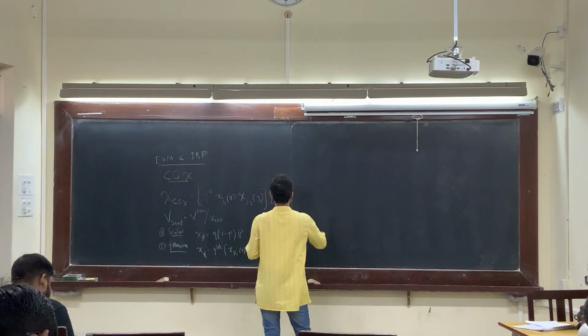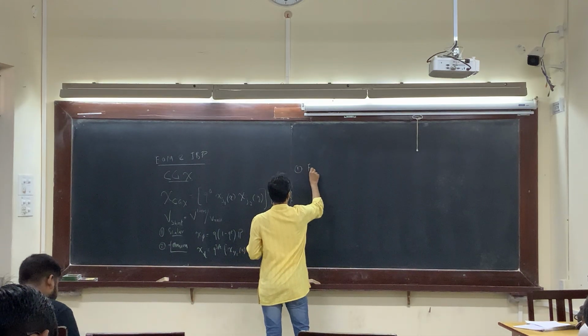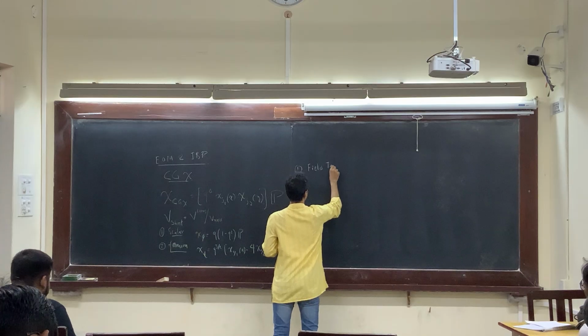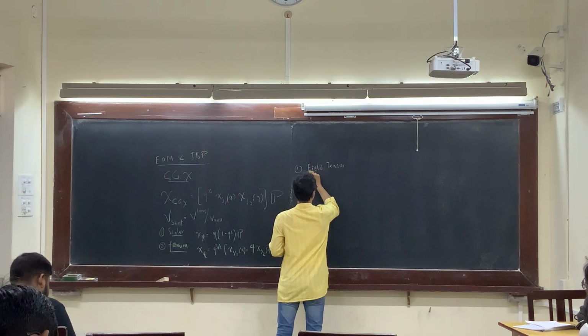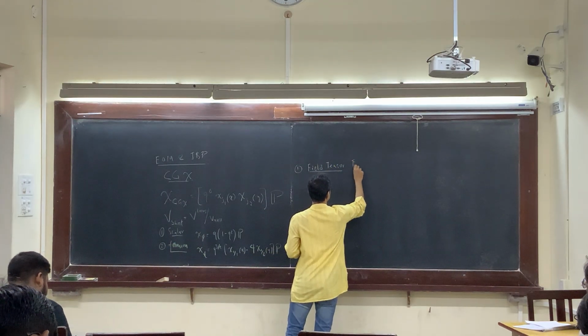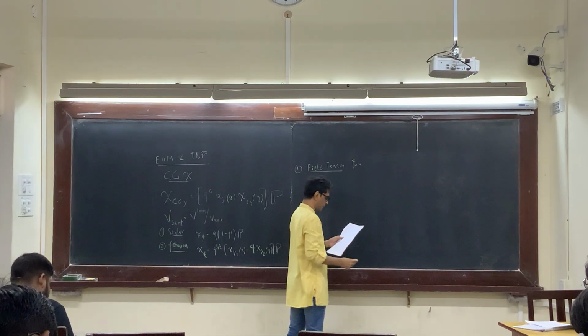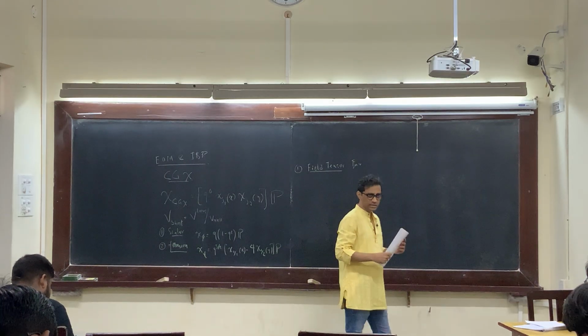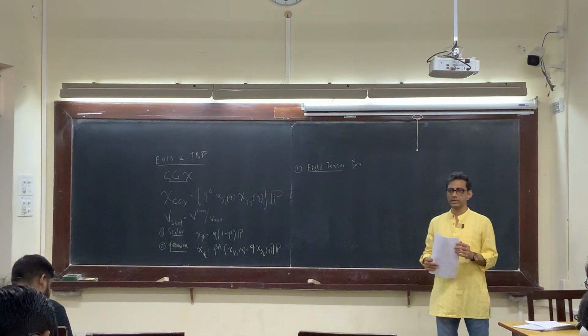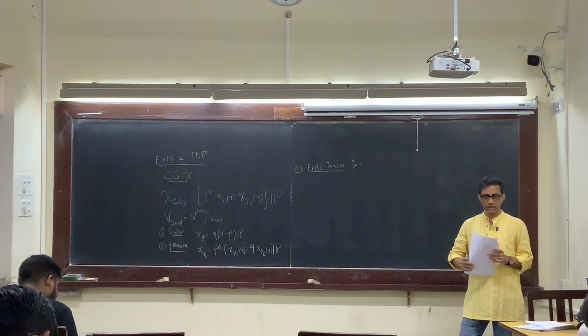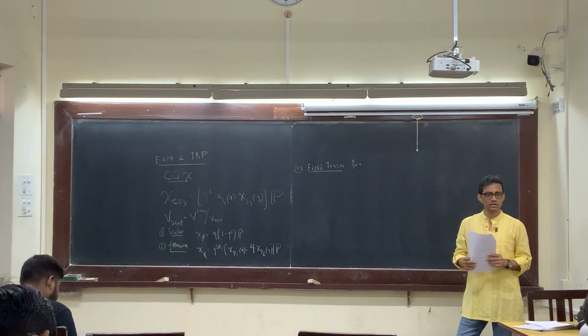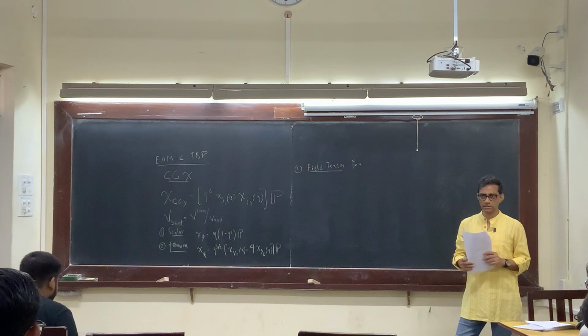Right. So now about the field tensor. And as you can see, we are not writing anything in terms of the gauge fields, because gauge fields are not the degrees of freedom for us in this construction.